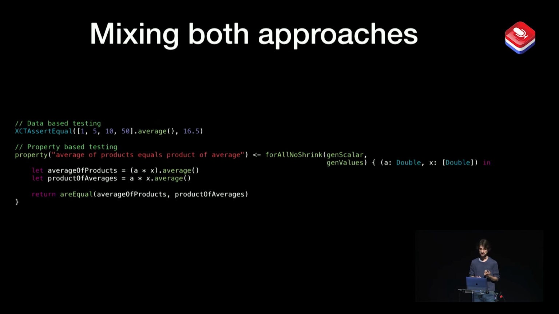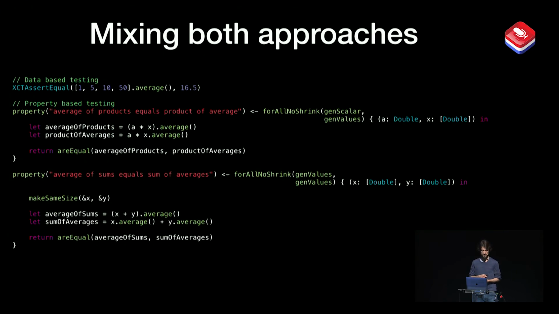This is a property, and this is something where property-based testing is going to help us a lot, because I can write a property where I compute the average of the product, I compute the product of the average, I make sure that both are equal, and then my framework is going to run this property on many values, many more than I could have ever thought of. And if it finds that the property holds with many values, I can be confident that my code is actually correct, and the properties that should be valid are indeed valid.